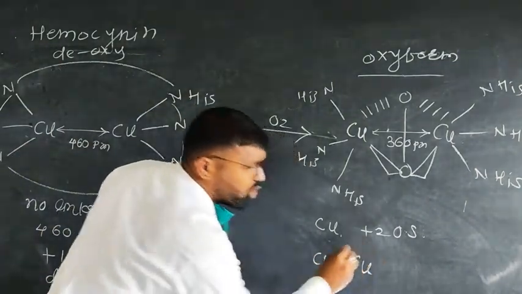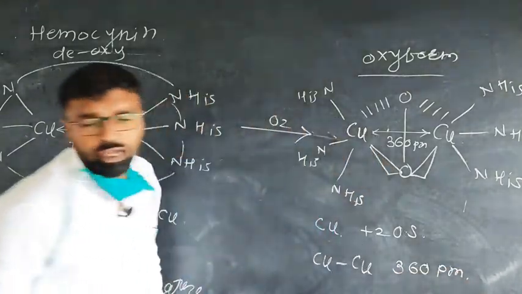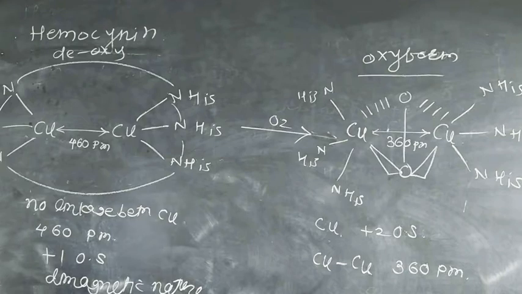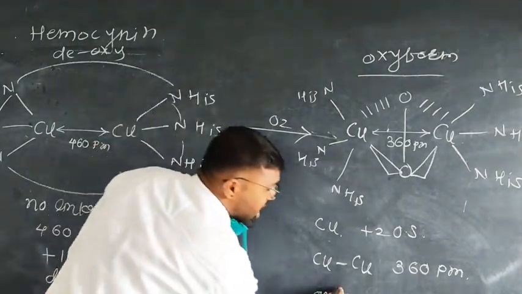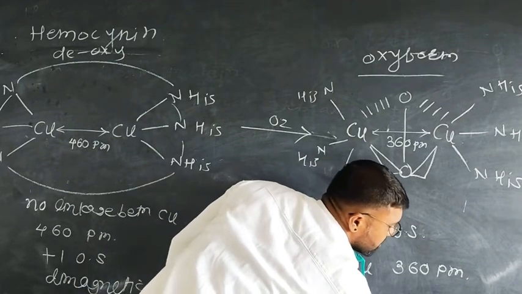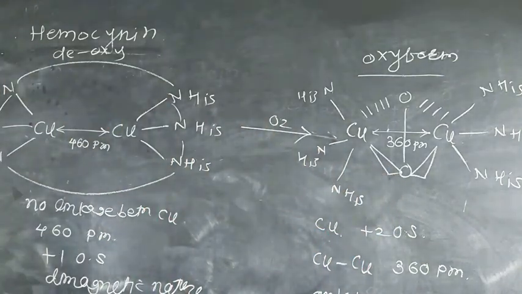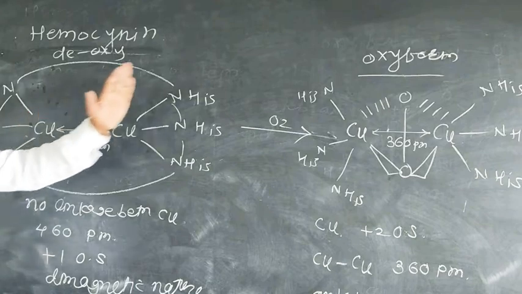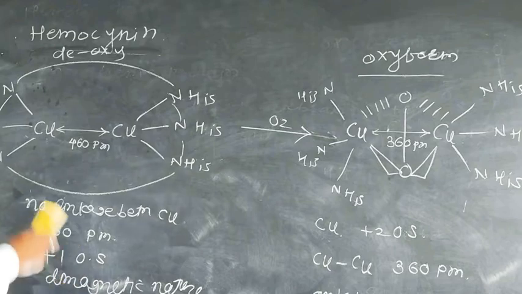The internuclear distance between the two copper atoms is about 360 picometer, and the magnetic nature of the copper is antiferromagnetic, right. This is about the deoxy form and this is the oxy form of hemocyanin, right.